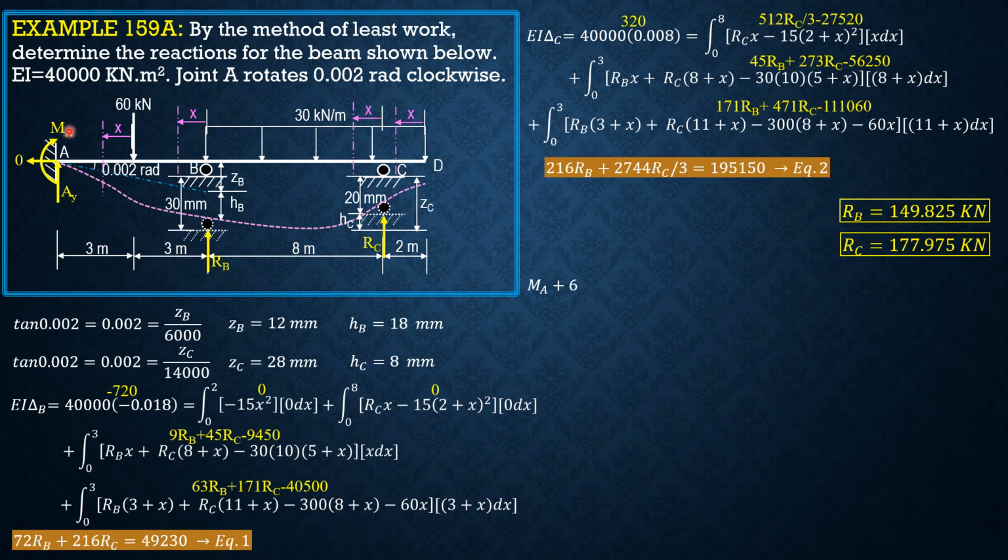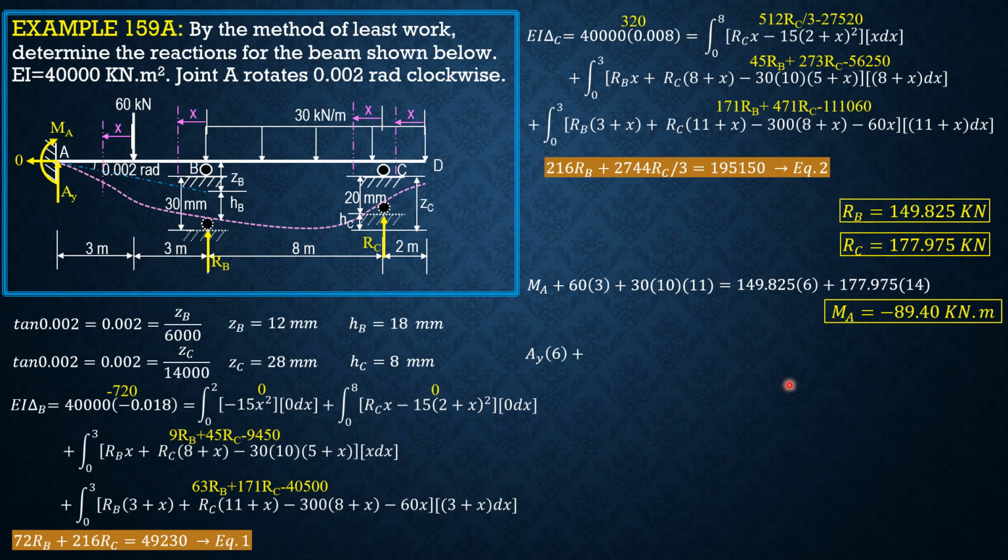A sub X is 0, A sub Y, then M sub A. So summation of moment about A: M sub A plus 60 times 3, plus 30 times 10 times 11, equals R sub B times 6, plus R sub C times 14. So M sub A equals negative 89.4 kilonewton meter.